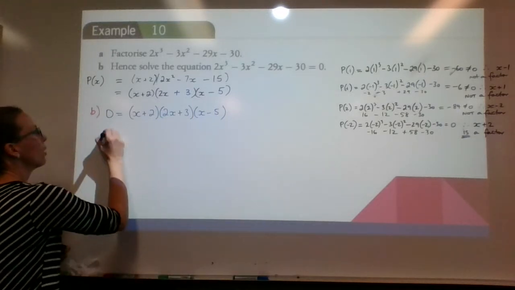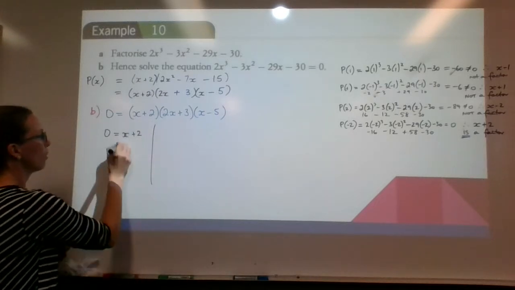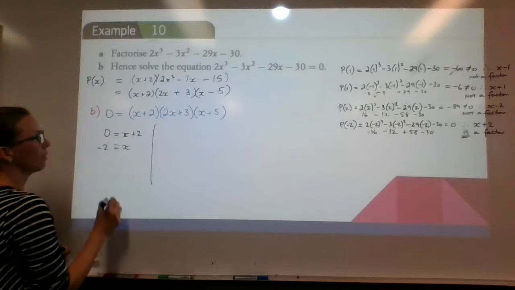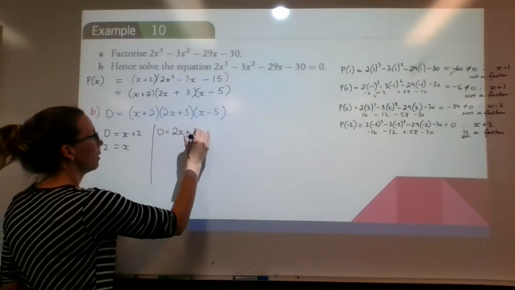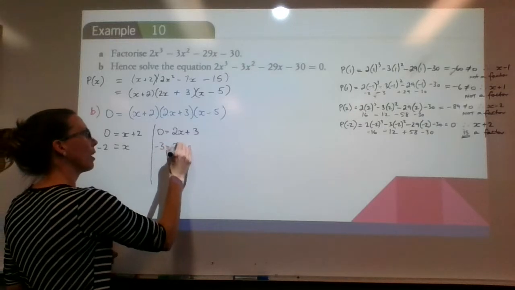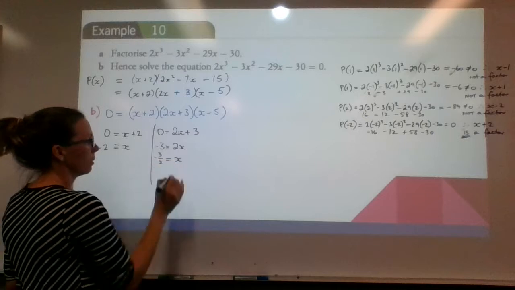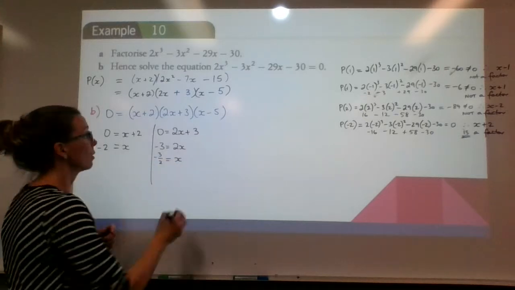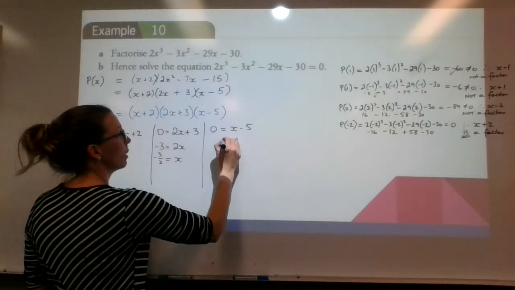So we've got 0 equals x plus 2, which solving it, x is equal to negative 2. We have 0 equals 2x plus 3. Take 3 from both sides, divide both sides by 2. X equals negative 3 on 2. I've got 0 equals the third bracket.